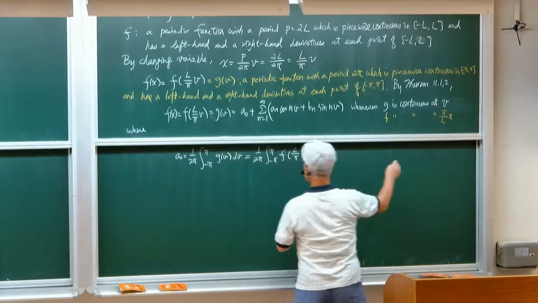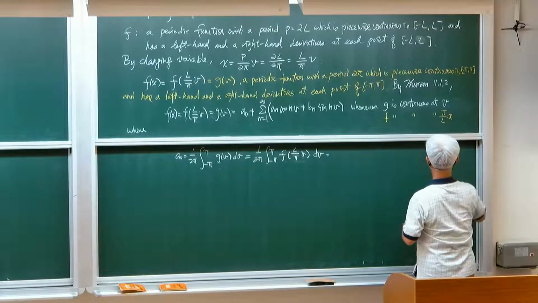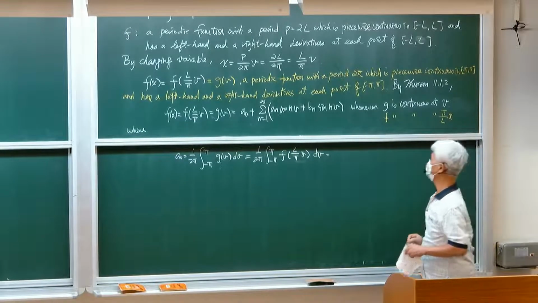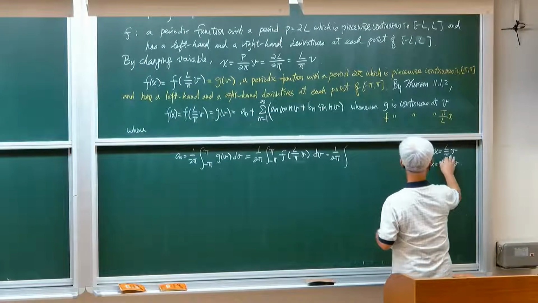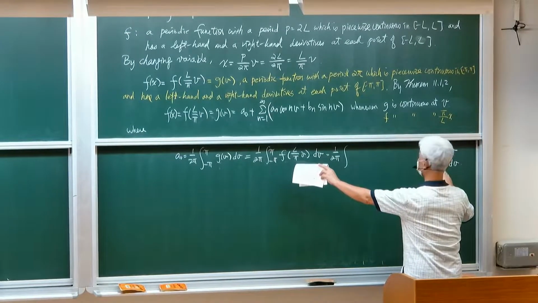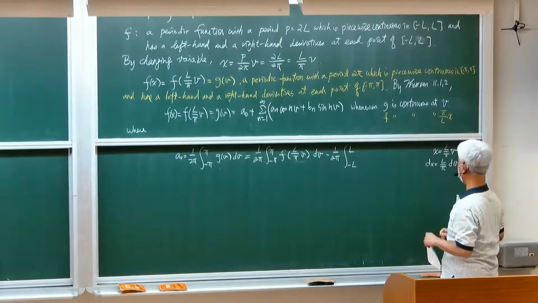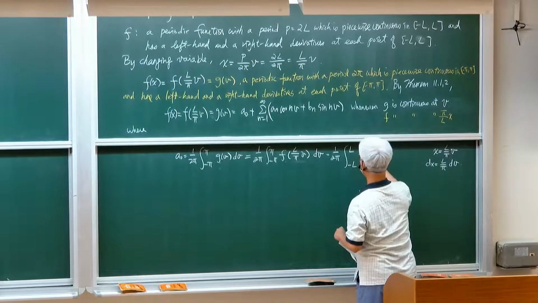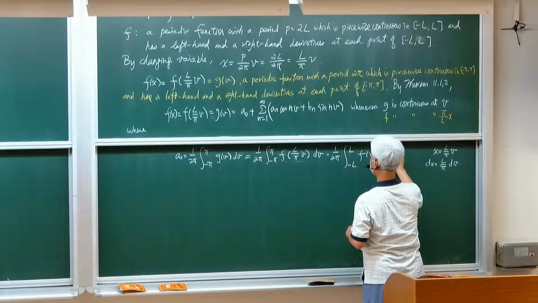So when you do the change of variable, you set x equal to L over pi times v as before. So dx is equal to L over pi dv here. Okay? And so you have 2 pi, and the v. So the pi here becomes 2L and minus L here. Okay? And you have f of x here, and dx.